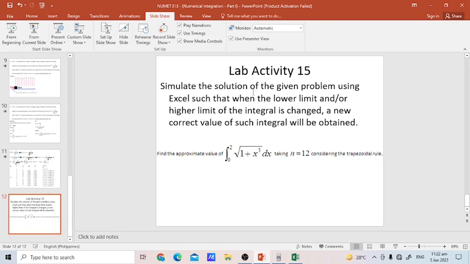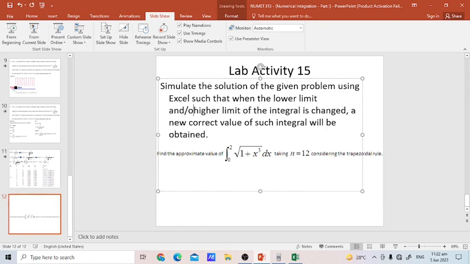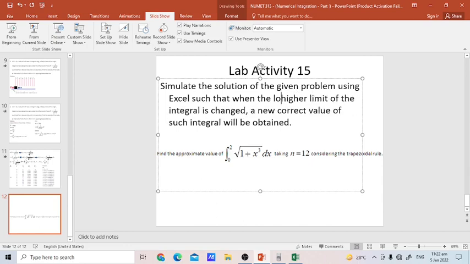So simulate the solution of the given problem using Excel such that when the higher limit of the integral is changed, so 0 to 2, 0 to 3, 0 to 4, 0 to 4.5, like that, the answer should still be correct. Because I cannot make the lower limit negative 5, since 1 plus negative 5 cubed is a negative number.